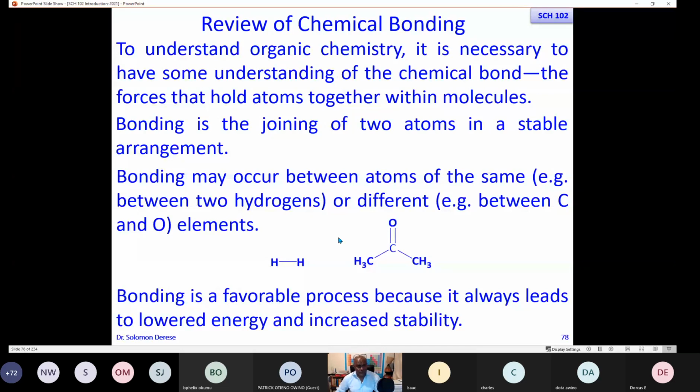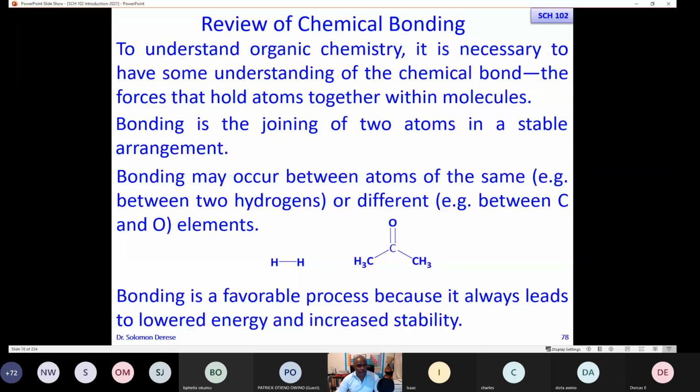Bonding is a favorable process because it always leads to lowered energy and increased stability. When a chemical bond is formed between two atoms, the species go from individual atoms, which are unstable, to a molecule where they are stable.